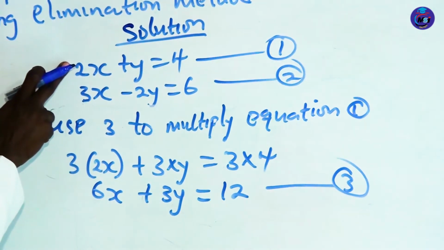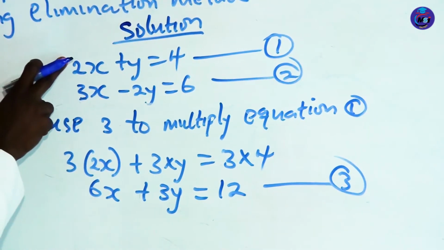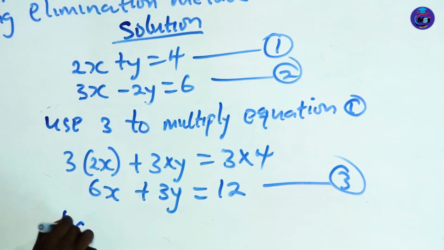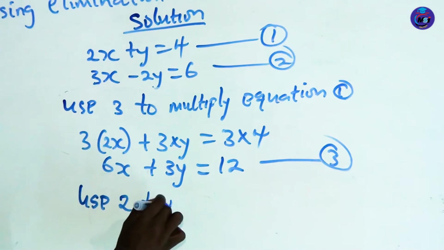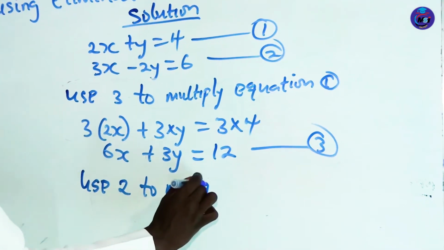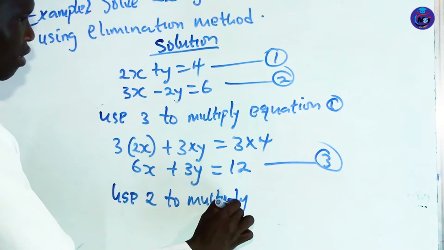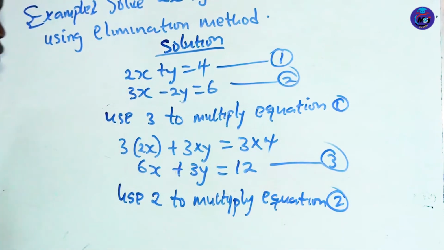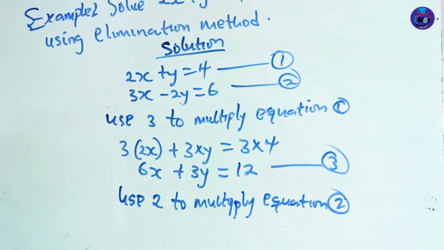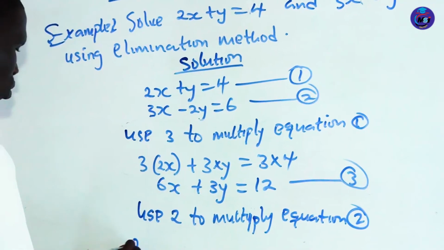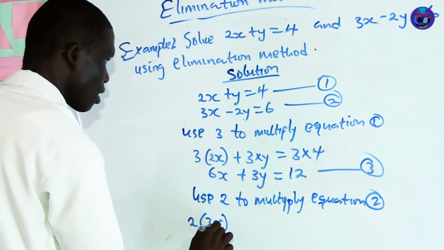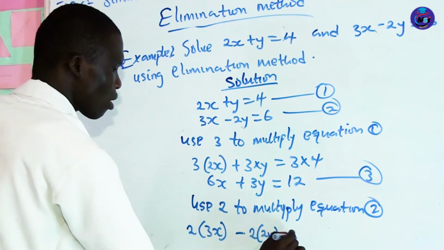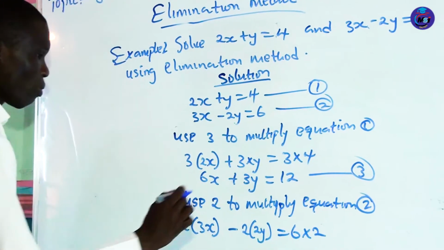Now, we are back to equation 1. We use 2 to multiply everything we have in equation 2. So when you do that, what are we going to have? 3x minus 2y equals to 6 times 2.